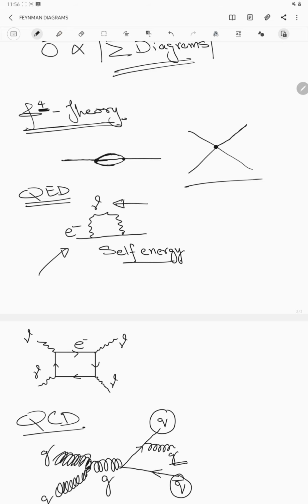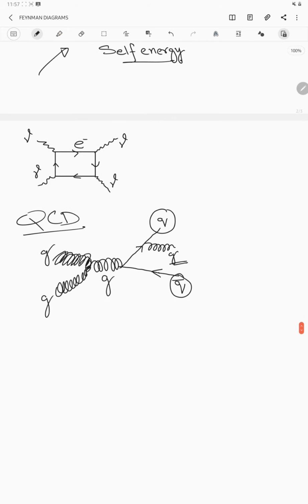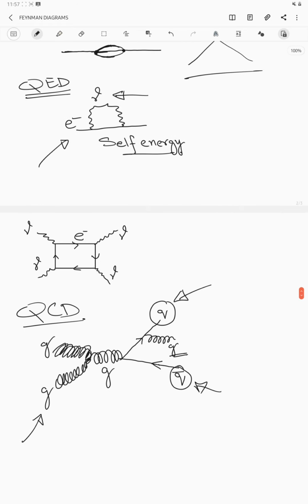And in QCD, the bosons are gluons, and the particles are quarks and anti-quarks. These different theories with different particles correspond to different mathematics. But the whole idea, as you can see from these diagrams, the idea of external lines, vertices, and propagators, is the same. I will talk about propagators shortly.